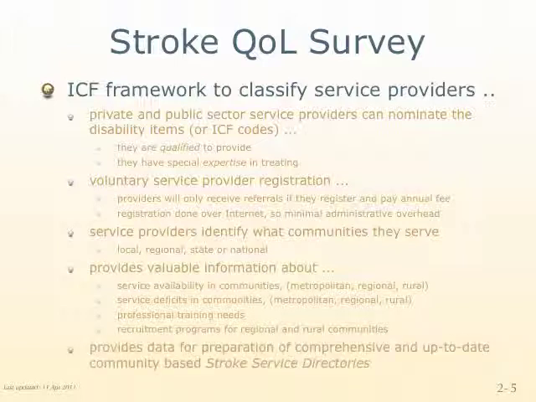It also provides data for the preparation of comprehensive and up-to-date community-based stroke services directories in either hard copy format, as web documents or PDF documents, or as online directories.